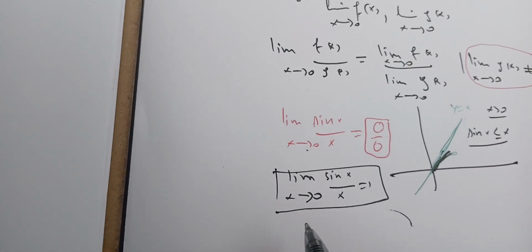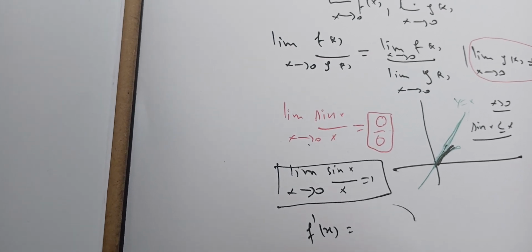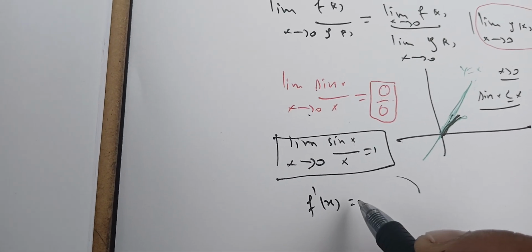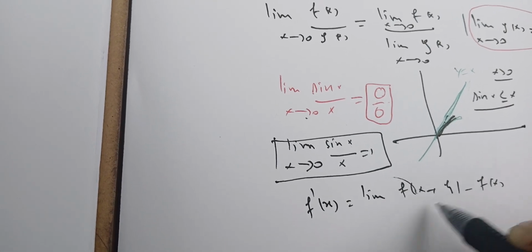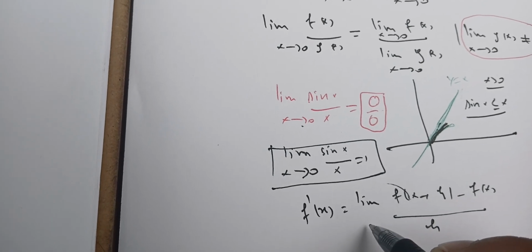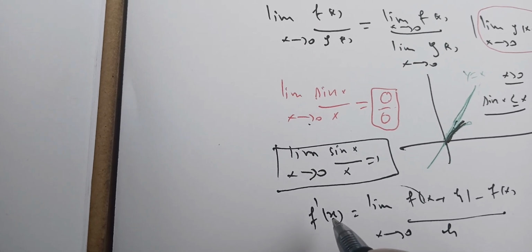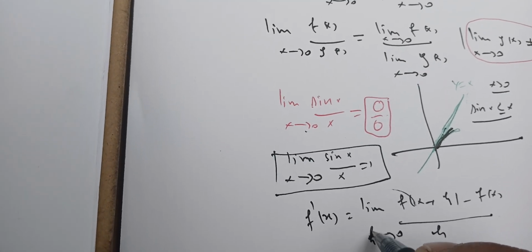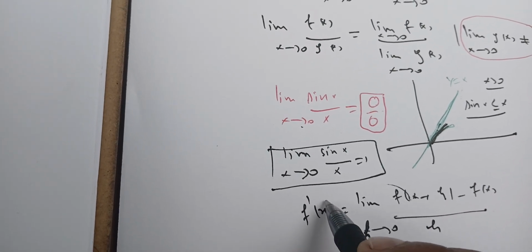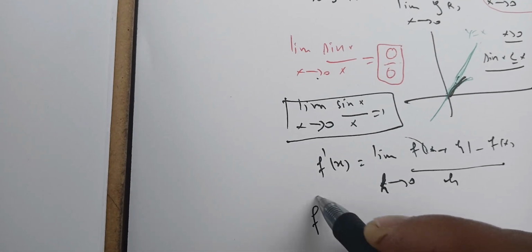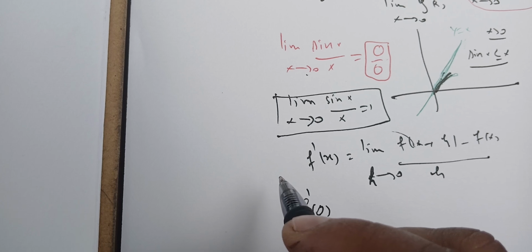Moreover, we know that the derivative of f at some x is the limit of f of x plus h minus f of x over h as h goes to 0. In this case we can take f prime at 0, and we can take f of x as sine of x.